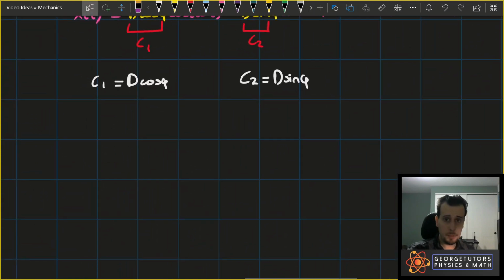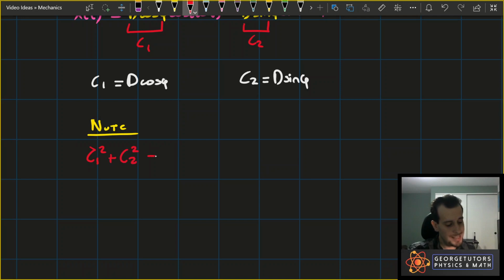Well, one thing you might be able to notice is that if I add these in quadrature, so I'm going to say here, note: if I do right now C1 squared plus C2 squared, I get d squared cos squared phi plus d squared sine squared phi.